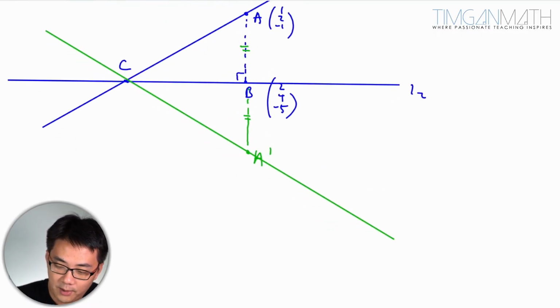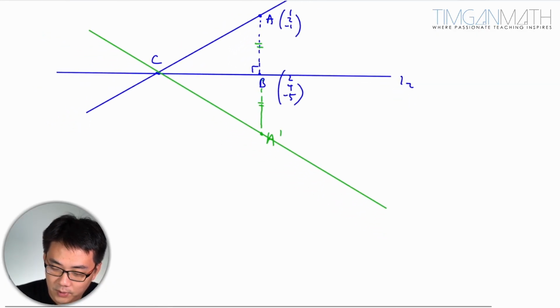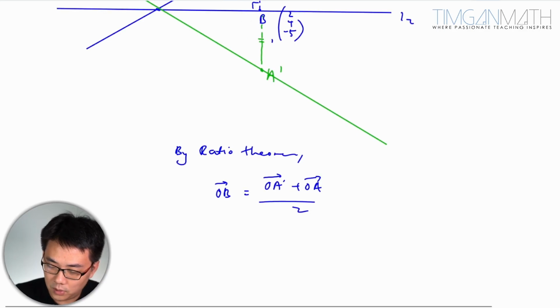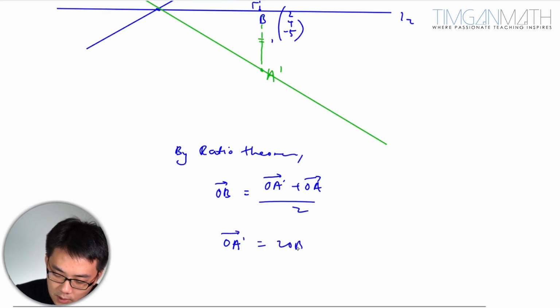So now we want to find A prime. Finding A prime is pretty okay because by ratio theorem or midpoint theorem, this is 1:1, right? OB is equals to OA plus OA prime divided by 2. So OA prime is equals to 2OB minus OA.